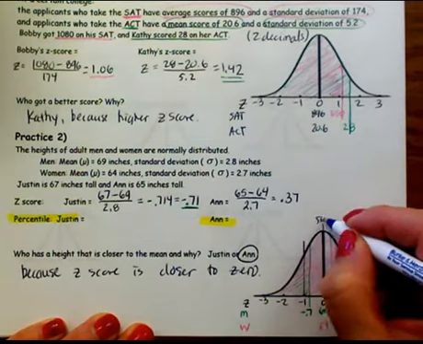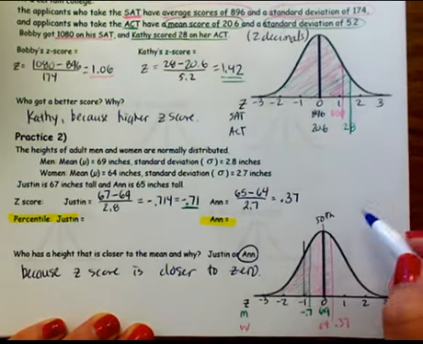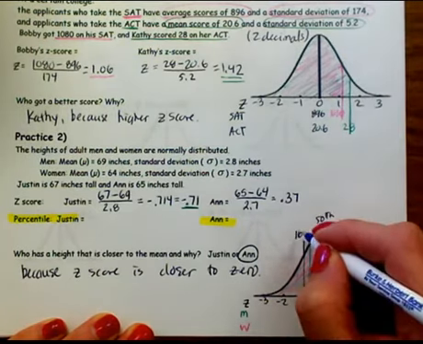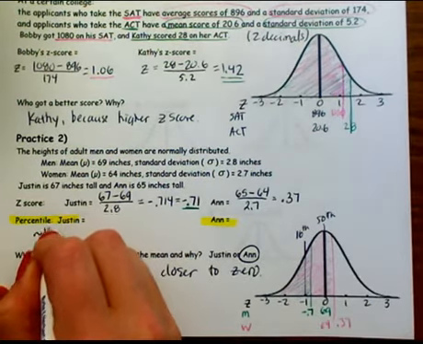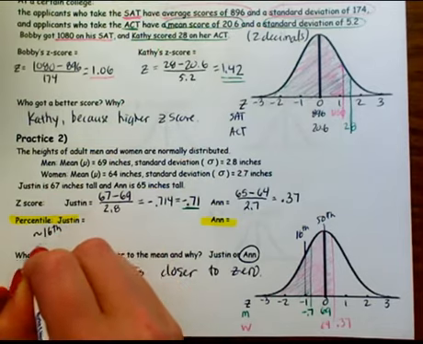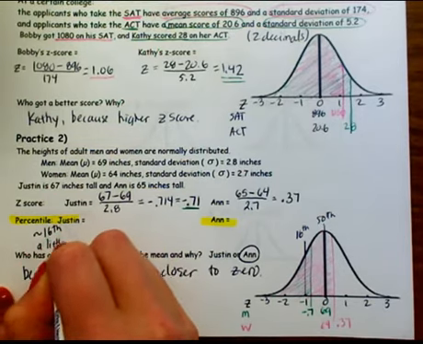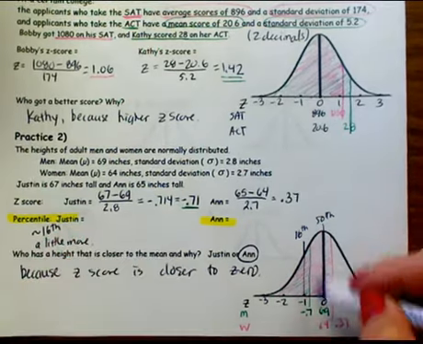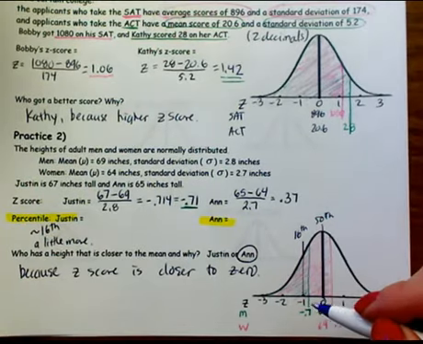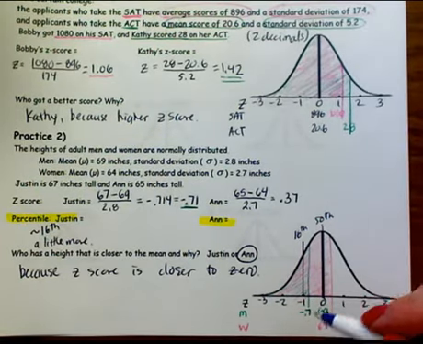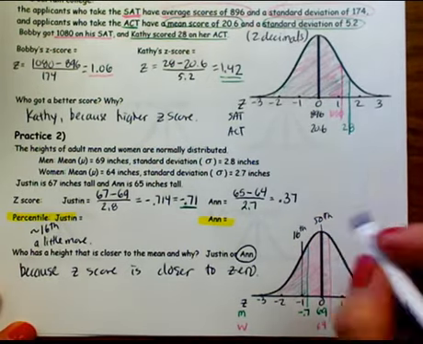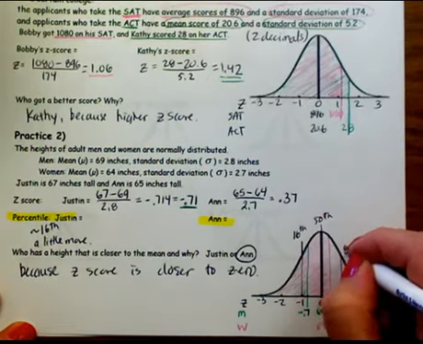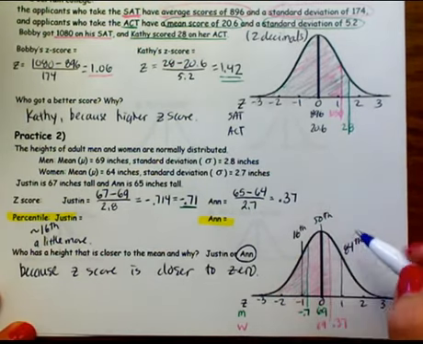So I know that right here is the 50th percentile, and I know right here is the 16th. So I'm going to say approximately the 16th, a little more, because I can tell that it should be more than the 16th percentile. Okay. Now for Anne, I can say it's around the 50th. Now I know that this one is the 84th percentile.